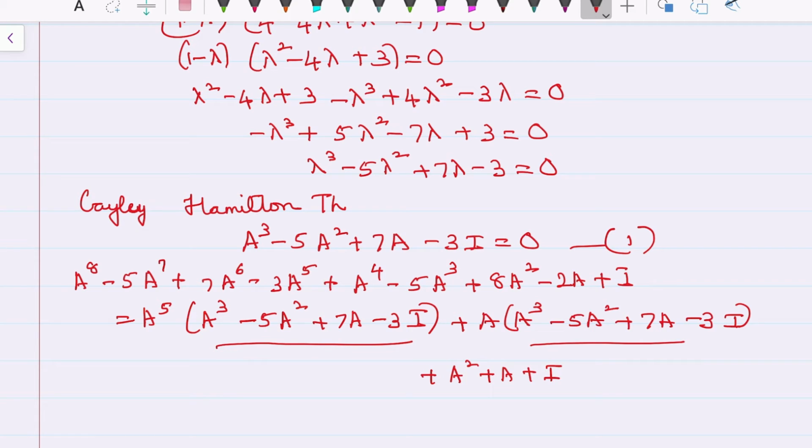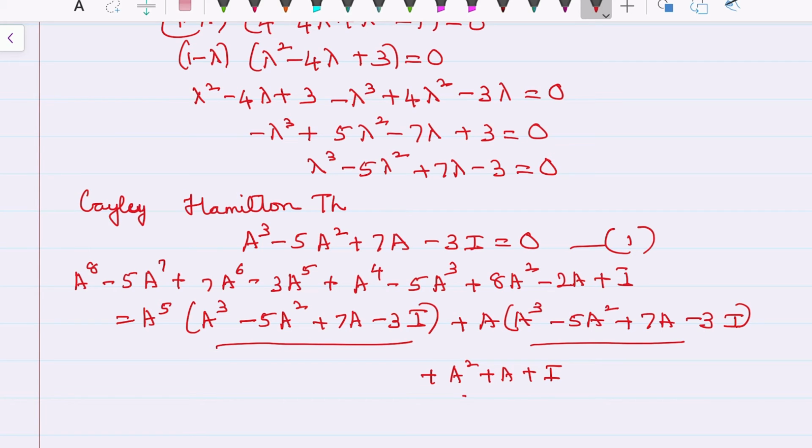So I have taken these terms, and then here I have taken A times (A cubed minus 5A squared plus 7A minus 3I). So minus 5A squared plus 7A, you have 8A squared. You can actually simplify it. A raised to 4 minus 5A cubed plus 7A squared plus A squared is 8A squared. Then you have plus 7A plus A minus 3A plus A will give you minus 2A, and then you have minus 3I.